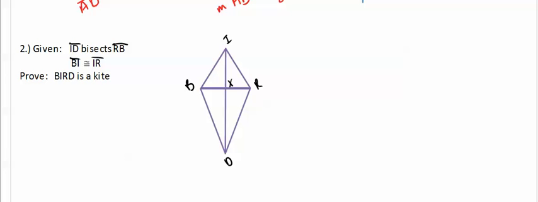And 2, if one of the diagonals of a quadrilateral is the perpendicular bisector of the other diagonal, then it proves it to be a kite. If we look at what's given, we're halfway there in proving that it is a kite based on the second statement.